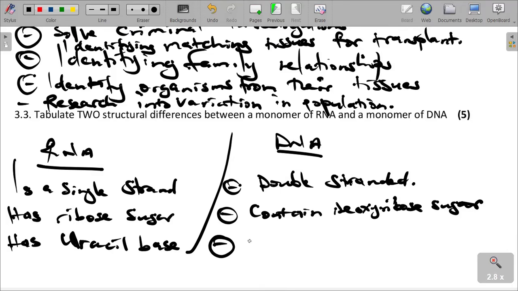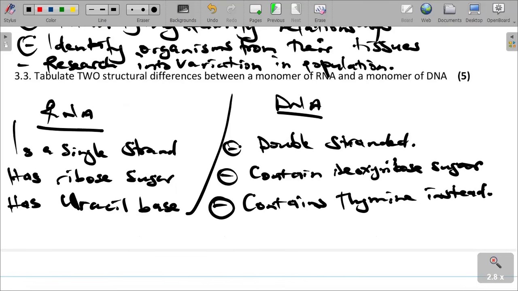However, DNA contains thymine. Instead of uracil, DNA has got thymine. So these are the differences. When they say tabulate, you must be able to draw a table that identifies the two points in question, or the two contrasting points of discussion.